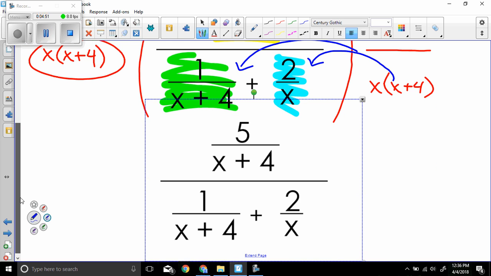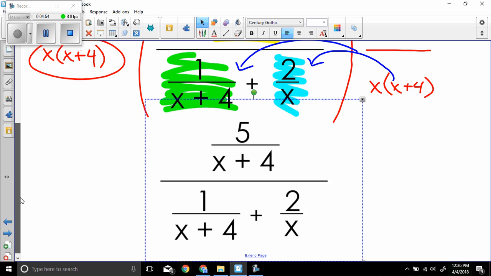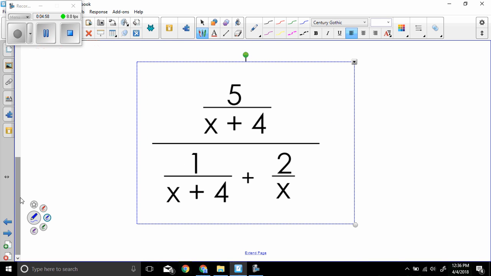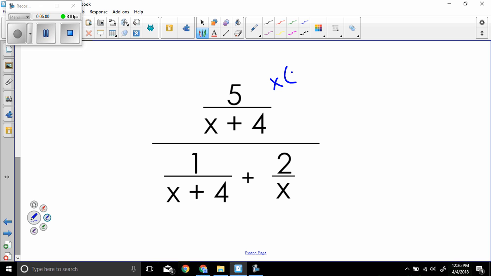So this very top now is being multiplied by x times x plus 4. Inside the bottom now, I'm also doing x times x plus 4 and x times x plus 4.